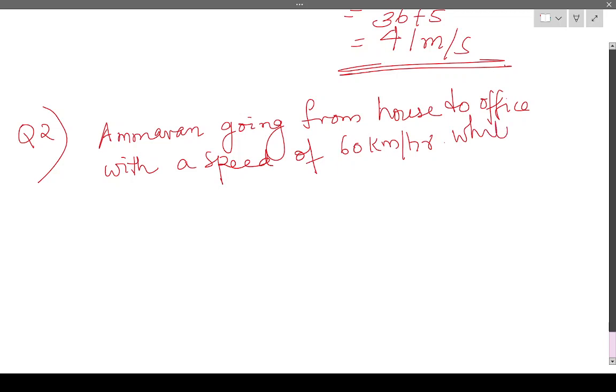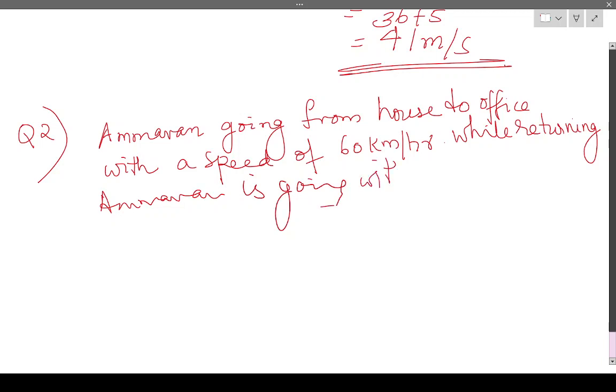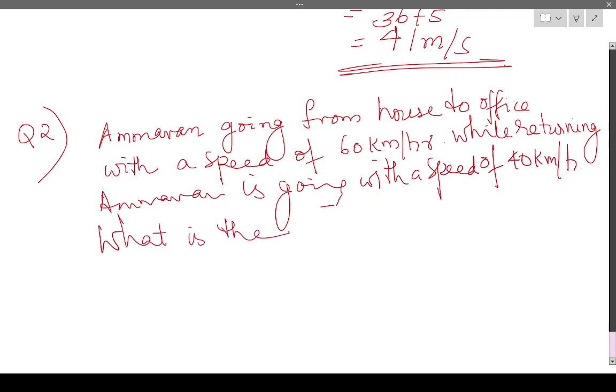While returning, Ammavan is going with a speed of 40 kilometers per hour. Question: what is the average speed?